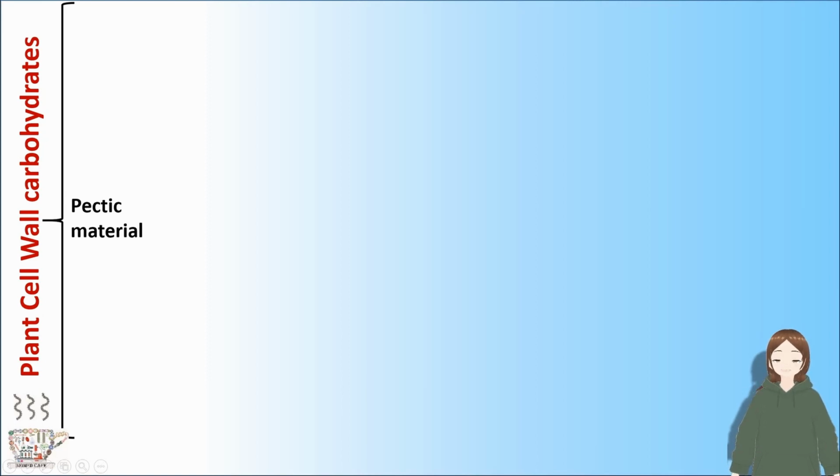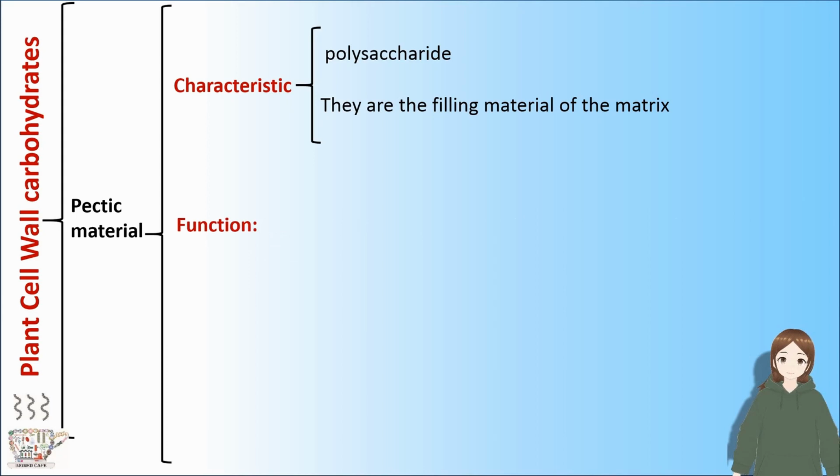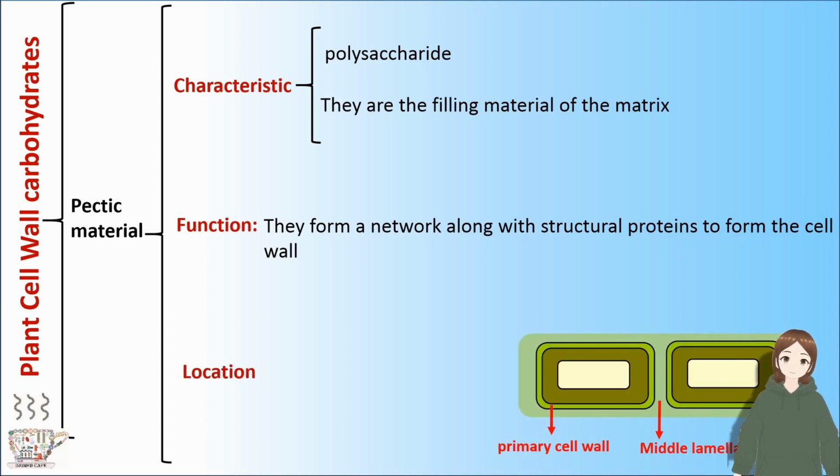Pectic materials are plant cell wall carbohydrates too. They are polysaccharides and the filling material of the matrix. They form a network aligned with structural proteins to form the cell wall. They are located in middle lamella and primary walls.